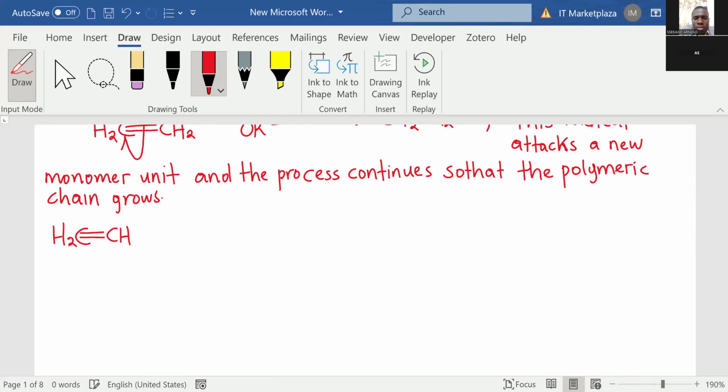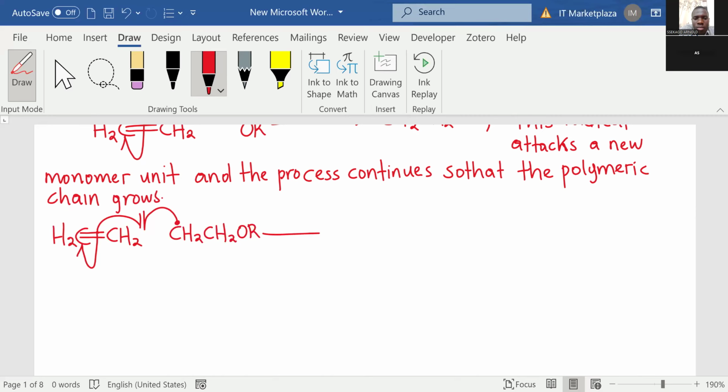So this is attacked by the radical CH2, CH2OR, and this has a dot. So carbon takes the electron it contributed. Also, this carbon does the same, however, it brings its one electron so that it joins with that one.